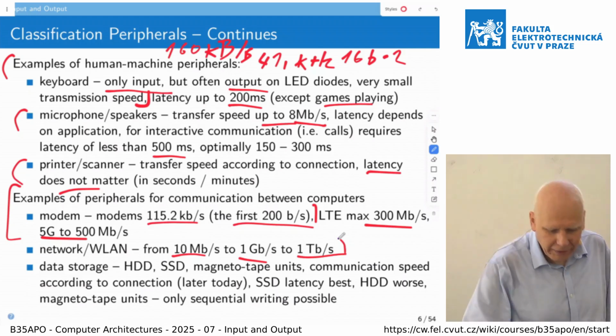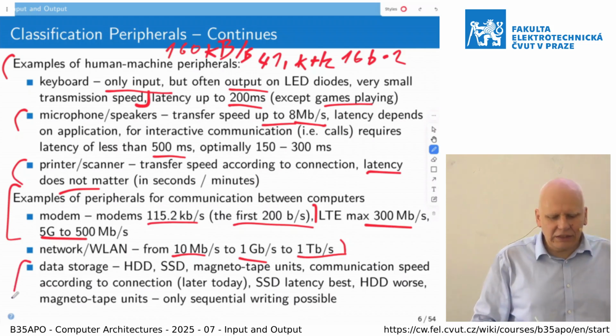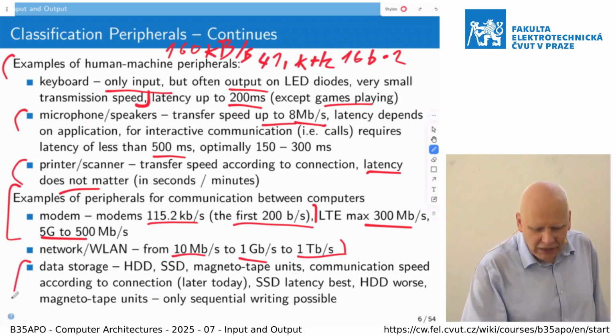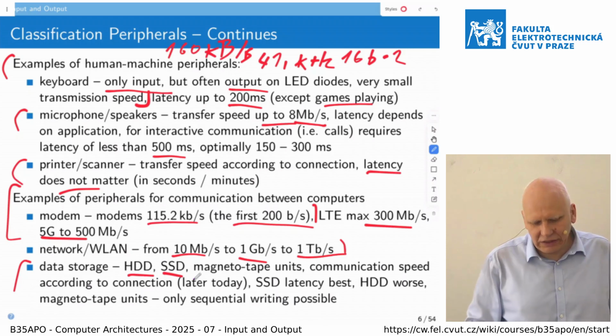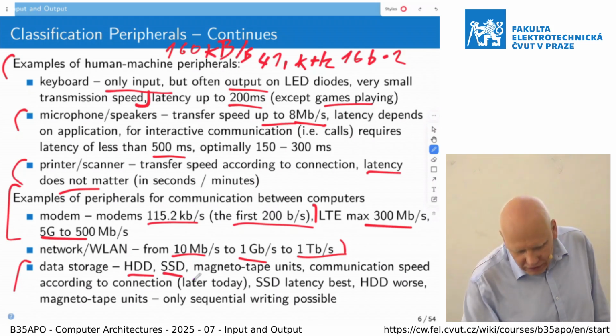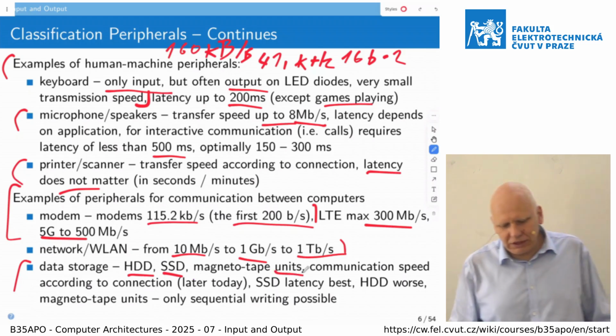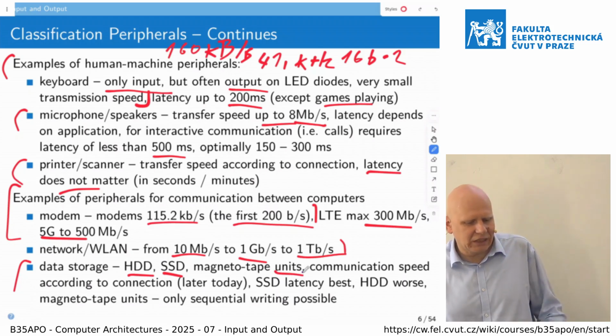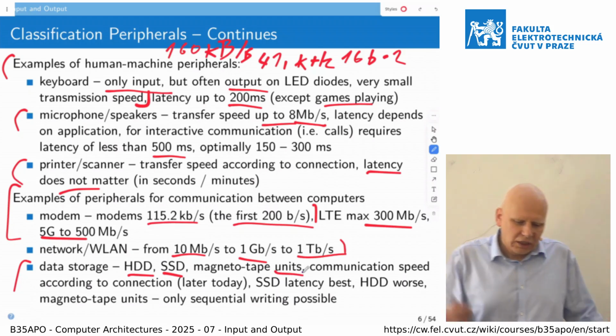So, okay. We can have even data storage devices like our hard disk and solid state drive, some magnetotape units. Communication speed is according to the connection.